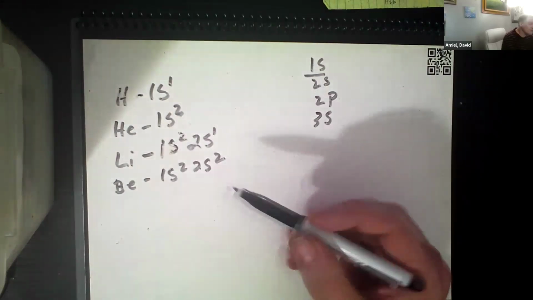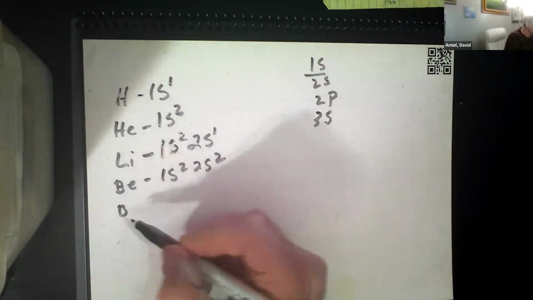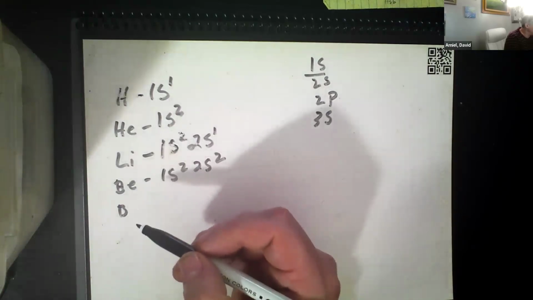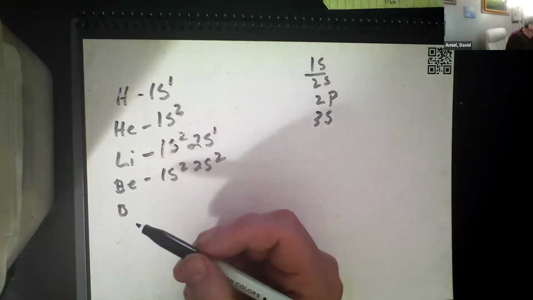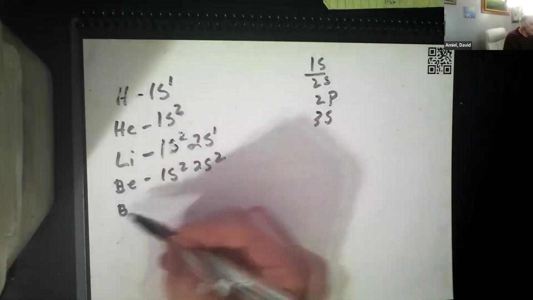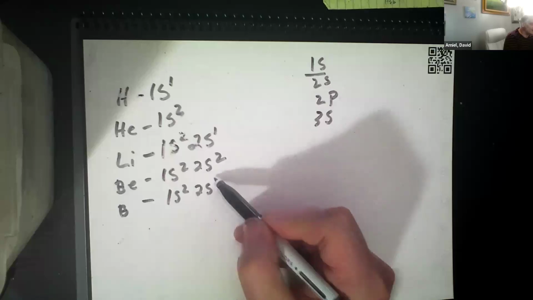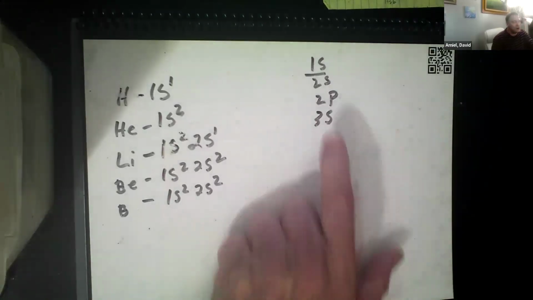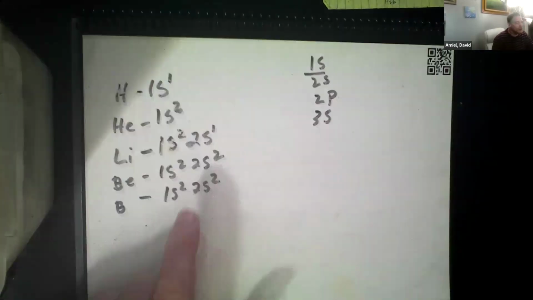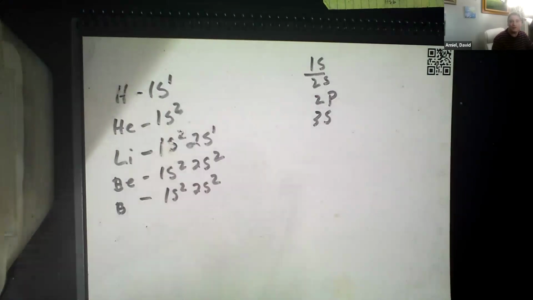Hydrogen, helium, lithium, beryllium, boron. Let me make sure I've got this right. Boron sitting there, 1s2, 2s2, and now we're on the p orbitals because the 2s orbital is filled.